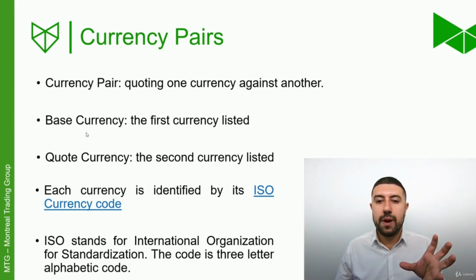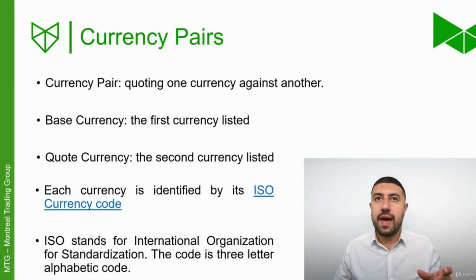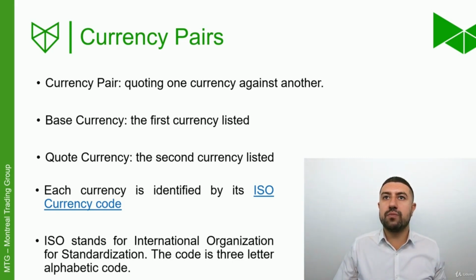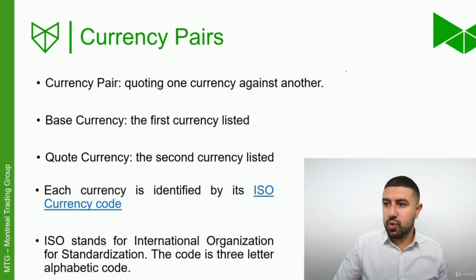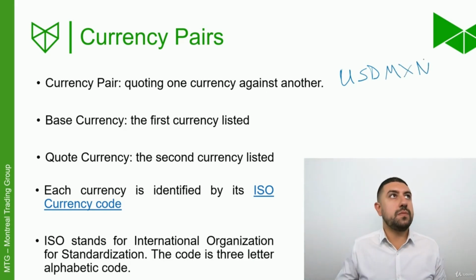Now, in this currency pair, there's two currencies. You have the base currency and the quote currency. The first one is going to be your base currency. And the second one is going to be your quote currency. So if, let's say for the previous example that we had, USD to Mexican pesos, okay?